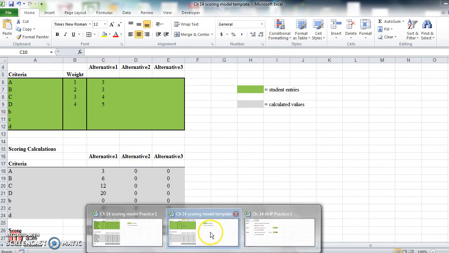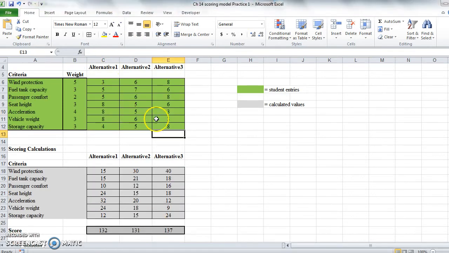But I've already done this, and on another file I entered the criteria, the weighting, and the performance parameters. These are green, these are student entries, so I've given you this template. If you were to be posed this type of problem in a test, you would have to enter the data in the green cells in order to arrive at the scoring and the solution.